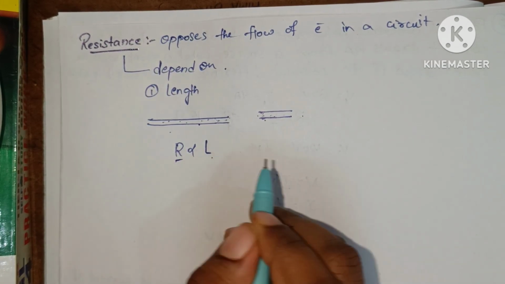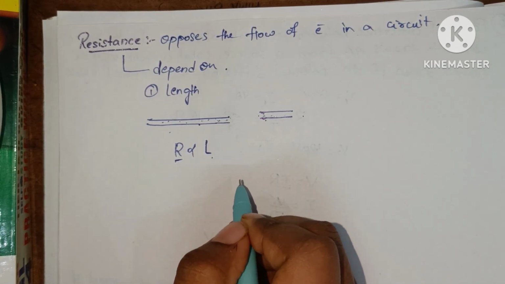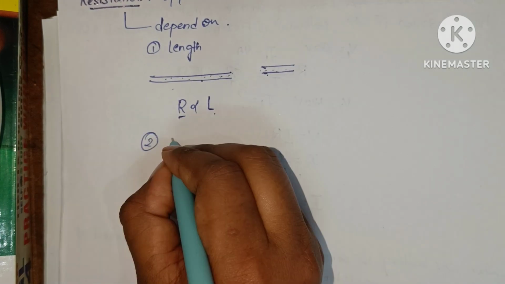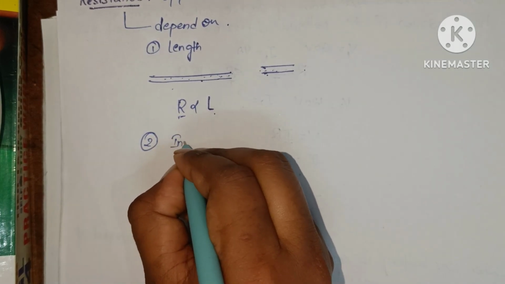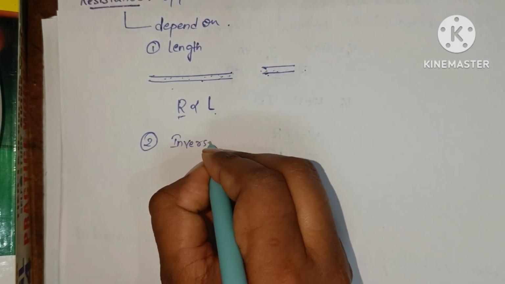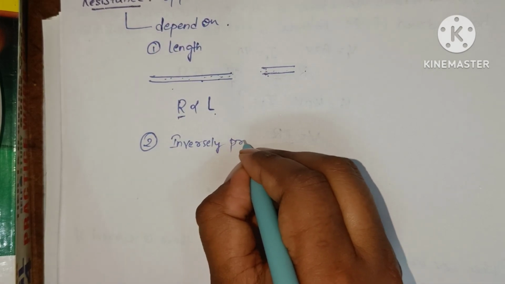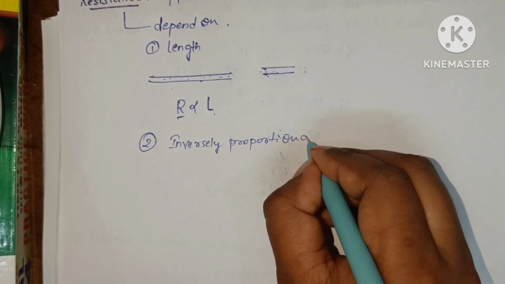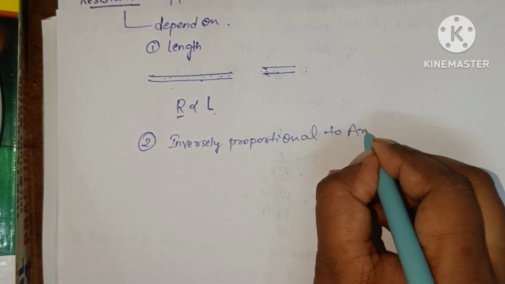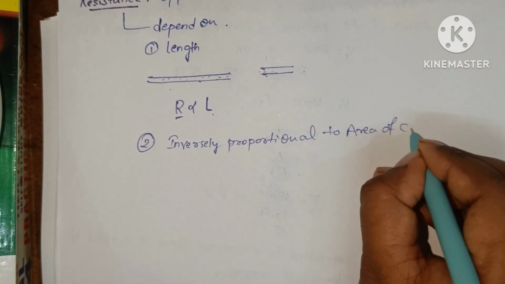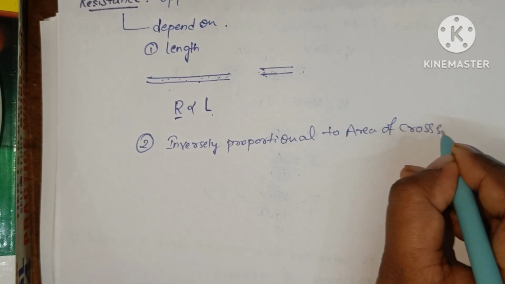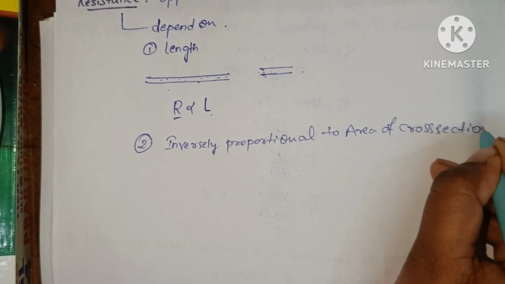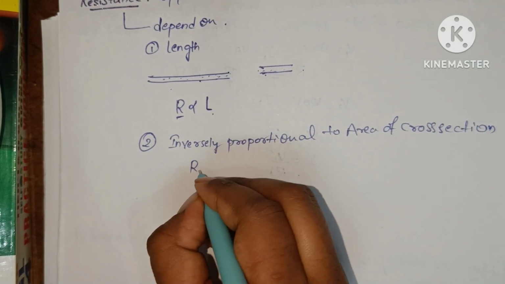So resistance is directly proportional to length. Next, resistance is inversely proportional to area of cross section.